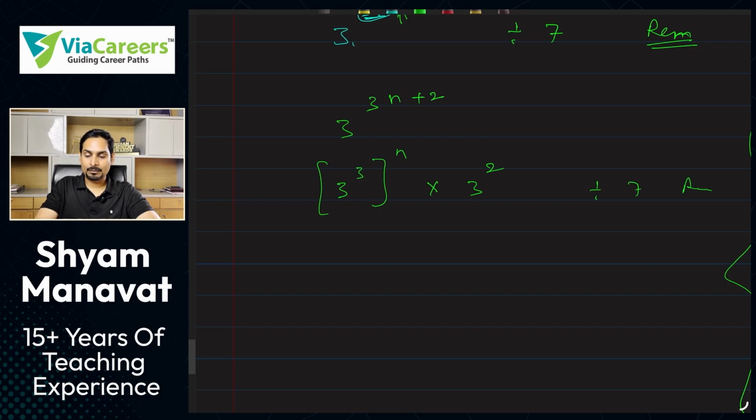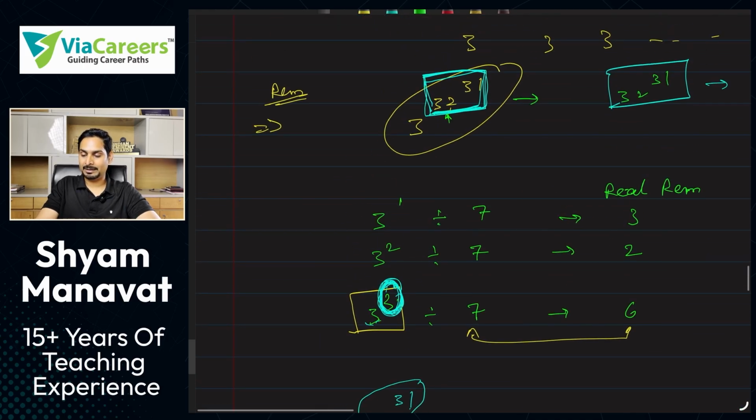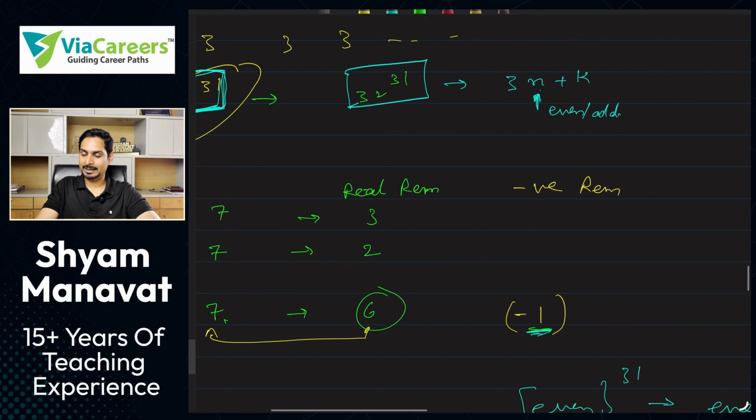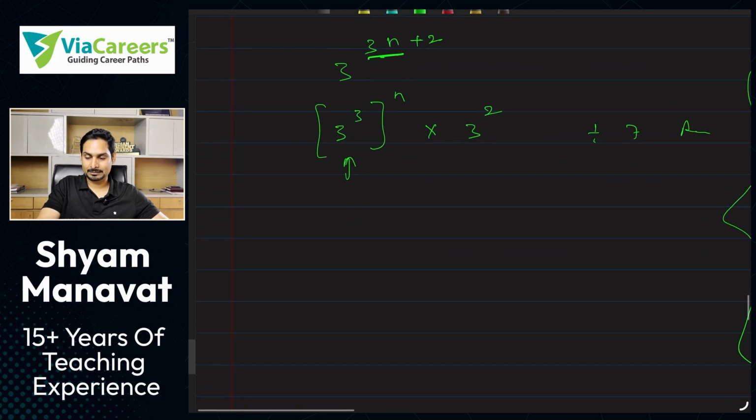Now why was the power converted into a multiple of 3 plus something? Because 3 to the power 3 when divided by 7 gives remainder 6, or we can say remainder -1 as well. So here I can say this is -1 to the power n into 3 to the power 2.